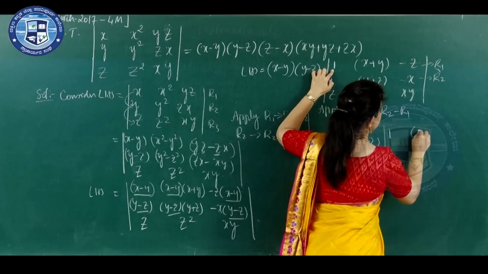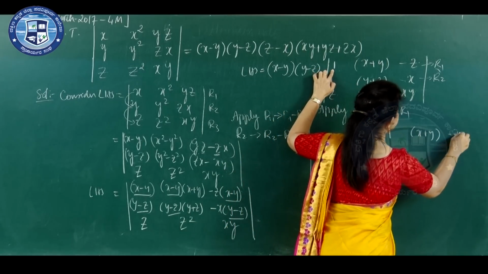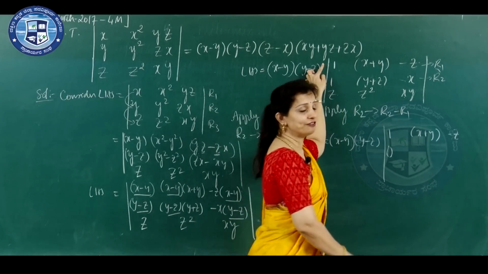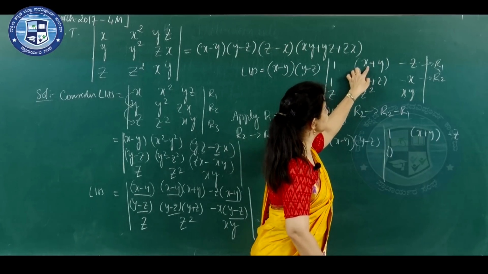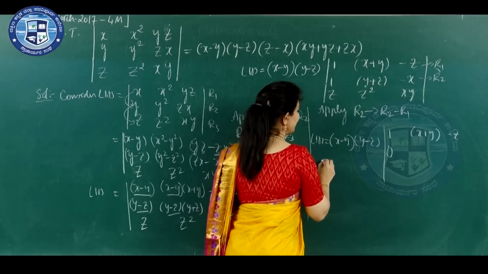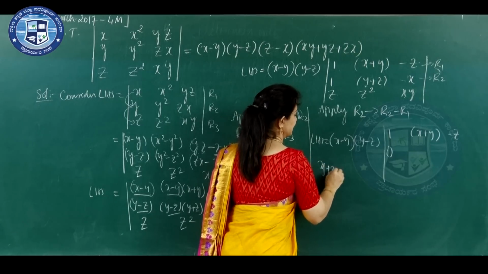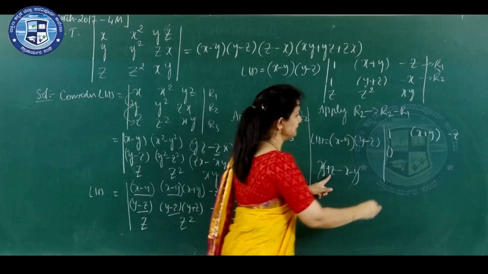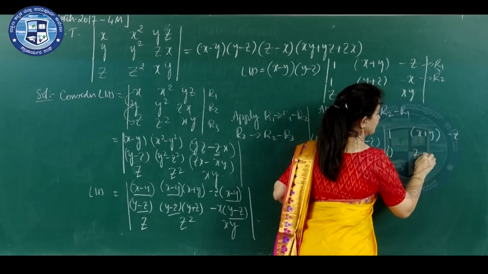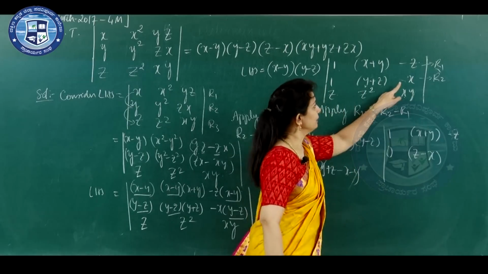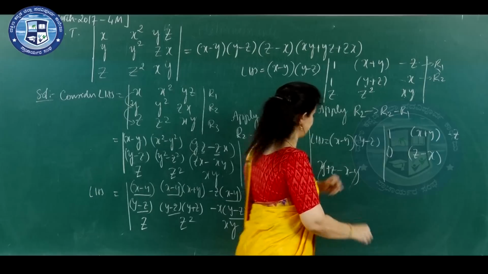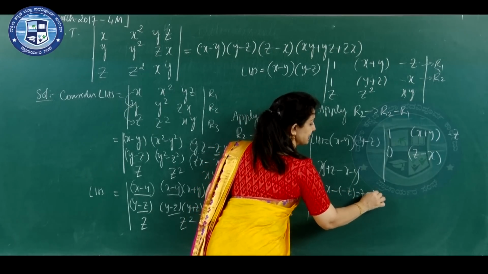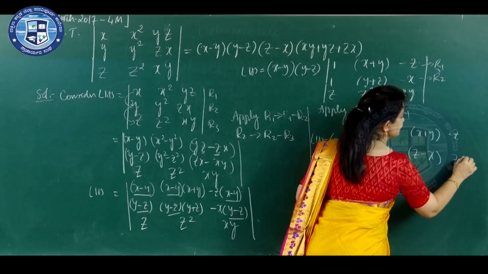So it is 1, x plus y minus z, and here subtracting, 1 minus 1 is 0, R2 minus R1: x plus y minus x minus y, y plus z minus x minus y, here plus y minus y cancel, so it is z minus x. Also minus x minus of minus z is z minus x. So it is z minus x.